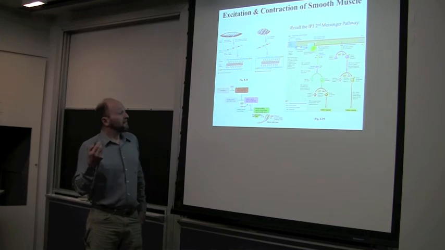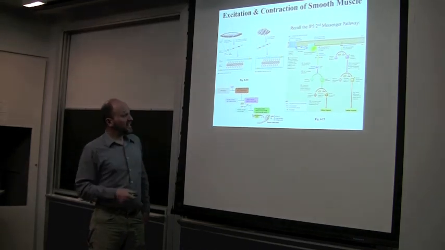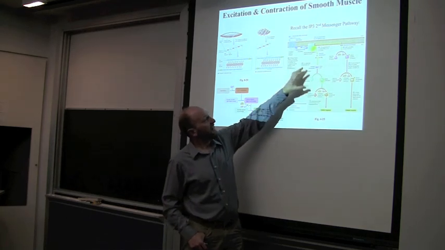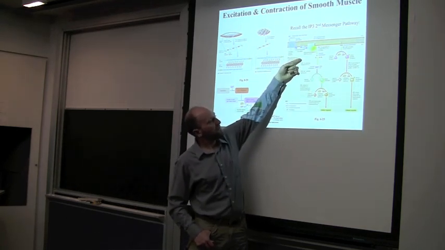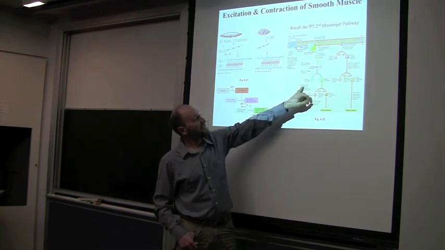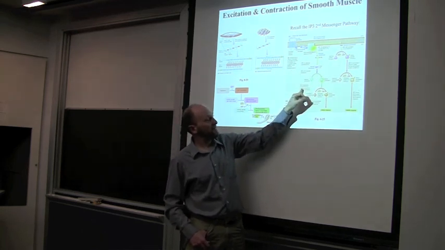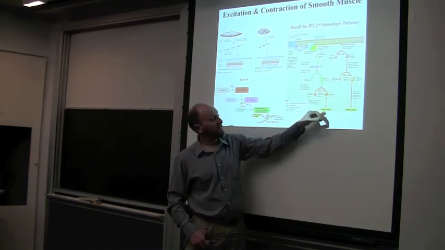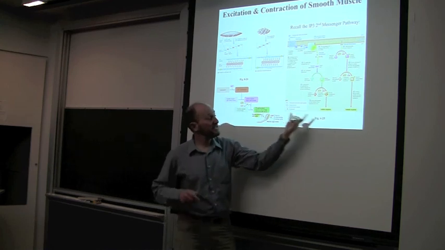So the rest of the story for smooth muscle contraction involves this IP3 cascade going on here. And if you follow down, I know that this is small on the screen and on your handout, but you'll see that calmodulin is one of the intermediates of the IP3 pathway. And this is going to lead to phosphorylation of some specific protein, which is going to bring about a cell response.